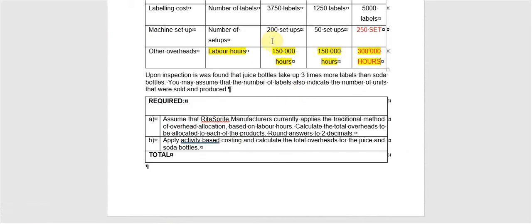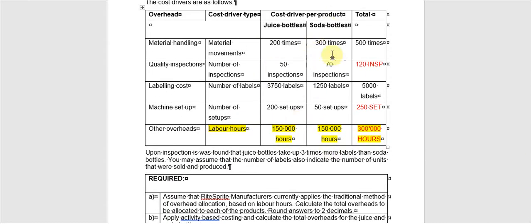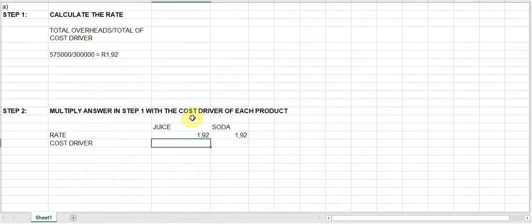So going back, you will see that it was 150,000 hours for the juice bottles and 150,000 for the soda bottles. So I'm now going to multiply by the 150,000. So there's 150,000, and the soda bottles happened to be the same.